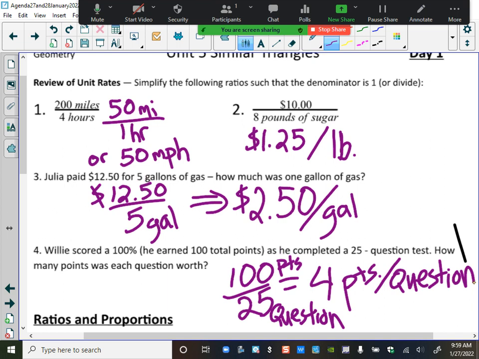Because, especially with ratios and proportions, I'll tell you in a moment what's going to happen. Labeling is going to be the key, because that's going to help us determine how we set up these problems. All right.